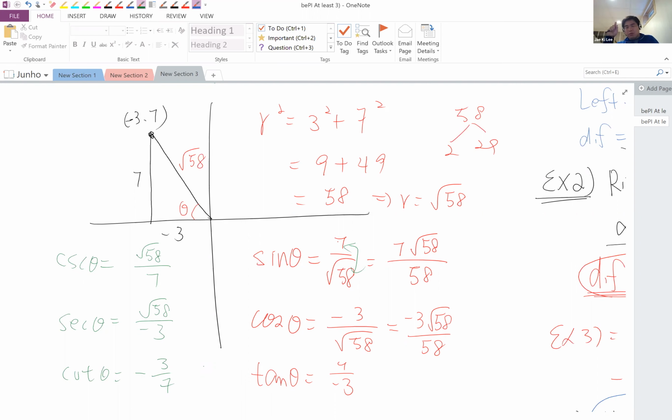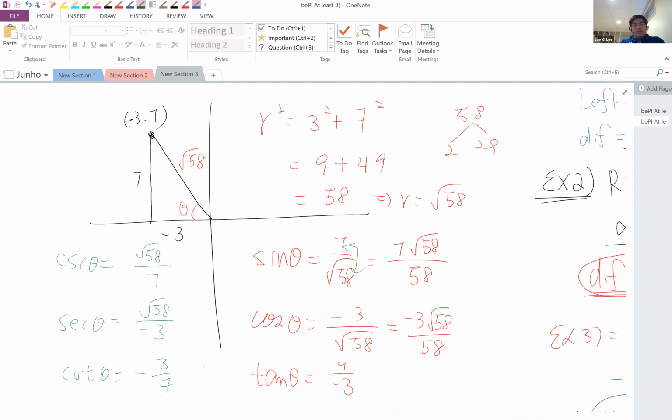Then as I told you, we have to use the calculator. If the angle value is given in degrees, then you must set your calculator mode to degree. If the angle value is given as a pi value, which is radian, then you switch to radian and then measure that. Otherwise, you won't get the correct value.